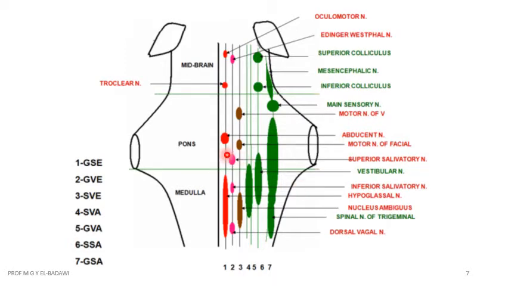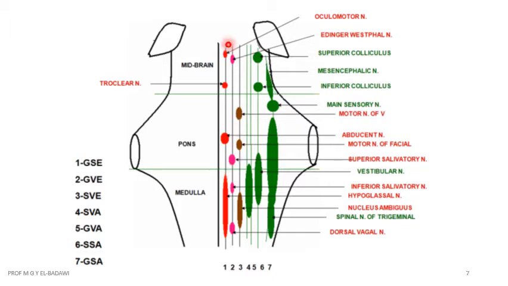That's again arrangement of the nuclei from medial to lateral, as we have seen in the previous slide, which shows the alar and the basal laminae, the motor and the sensory.